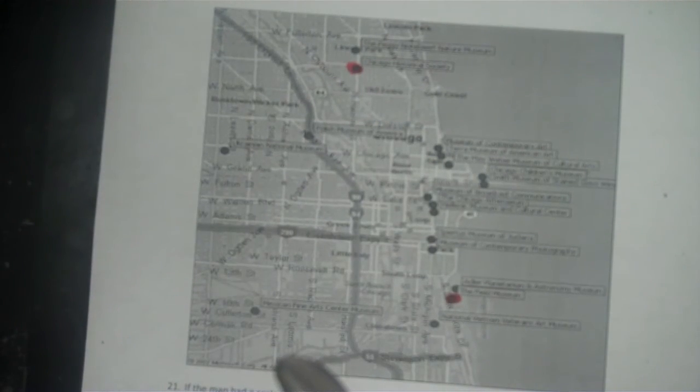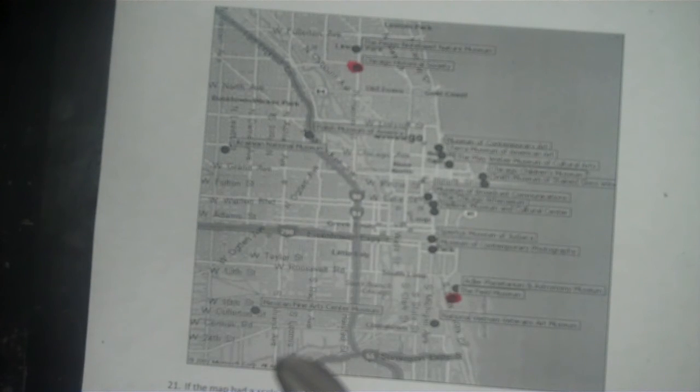Line up the 0 mark on the origination, and down here it's about 3.5. It's a smidgen more, but we're just going to approximate a 3.5. Each one of those inches is 2 miles. So 3.5 times 2 miles for each inch is going to be 7 miles. So question number 21 is 7 miles.